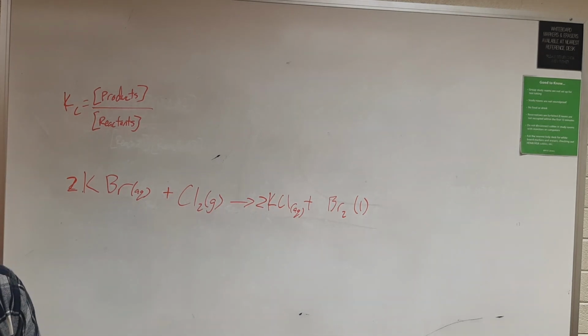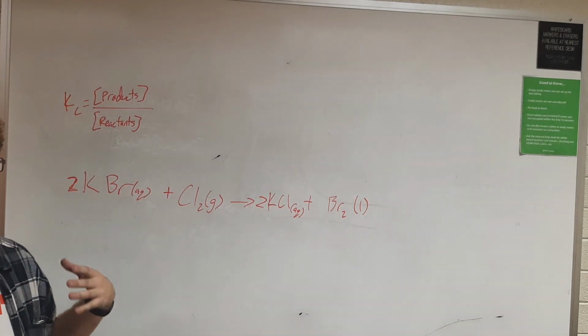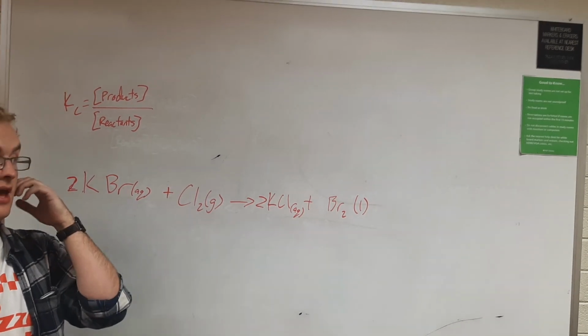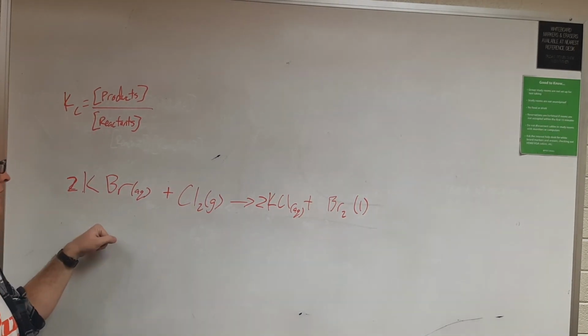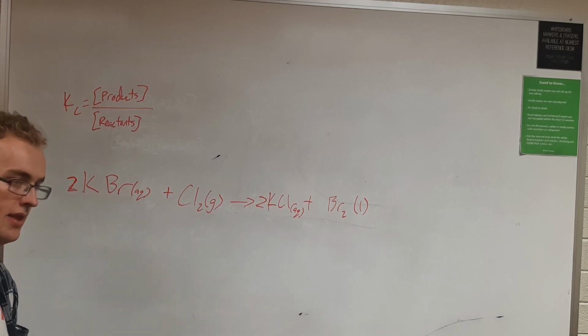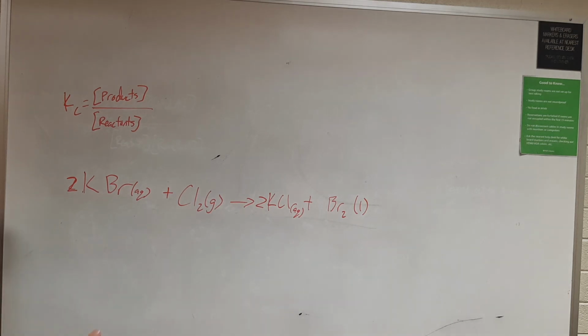Let's say we dumped all these things together and reached equilibrium, which means our forward rates were the same as our backwards rates. Then, let's say that we added more potassium bromide. What would happen? That's what a guy named Chatelier was concerned with.